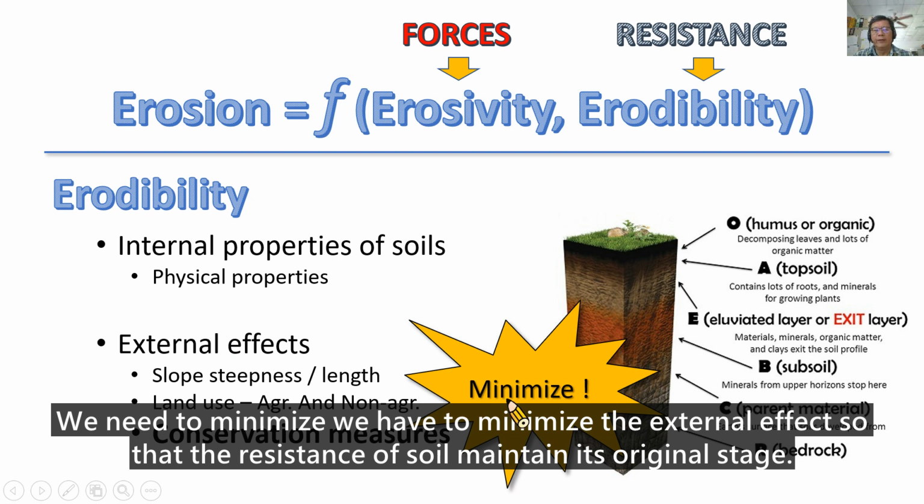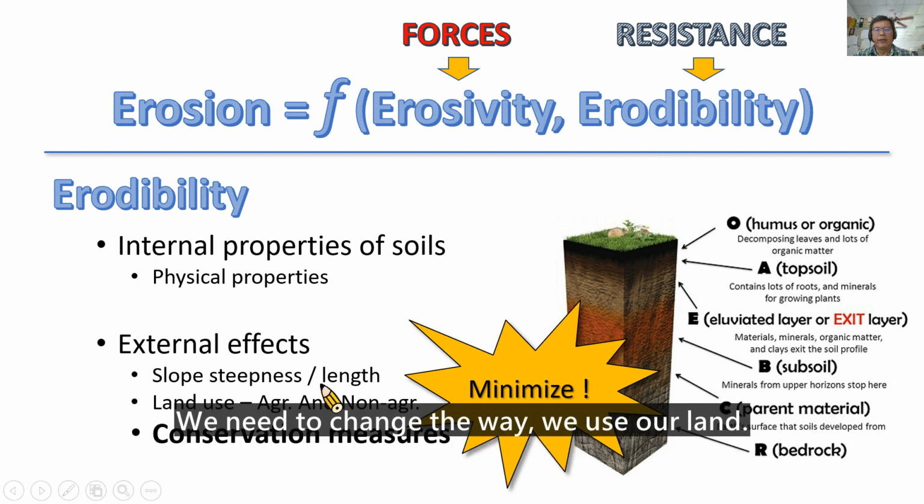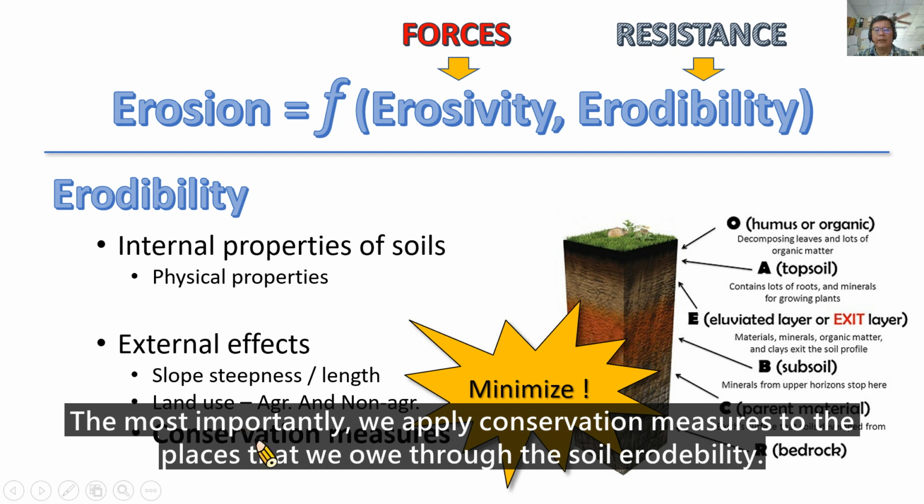We need to minimize the external effect so that the resistance of soil maintains its original state. We need to change the way we use our land. Most importantly, we apply conservation measures to the places where we alter the soil erodibility.